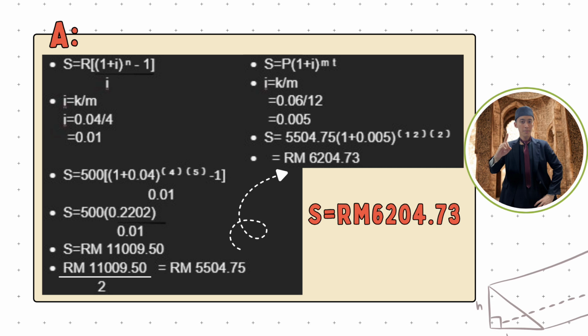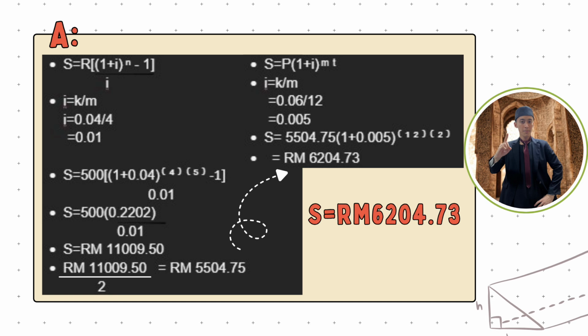And then his daughter withdraws half of this amount. 11,009 ringgit 50 cents divided by 2 and we will get 5,504 ringgit and 75 cents. She invests this into ABC Bank, earning 6% interest compounded monthly for 2 years. Here we use the compound interest formula, where S equals P times (1 + i)^(mt).